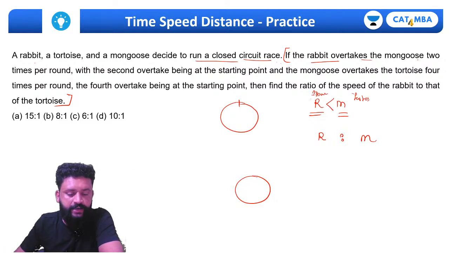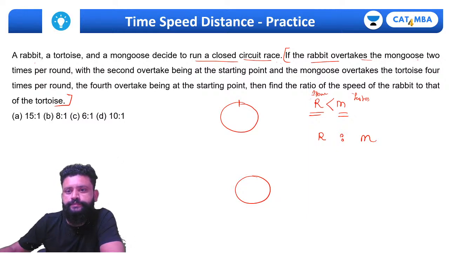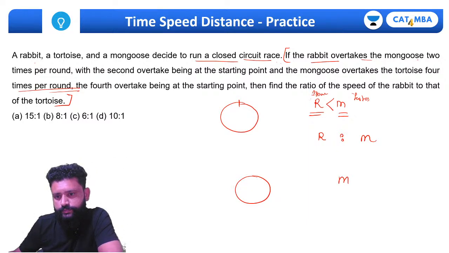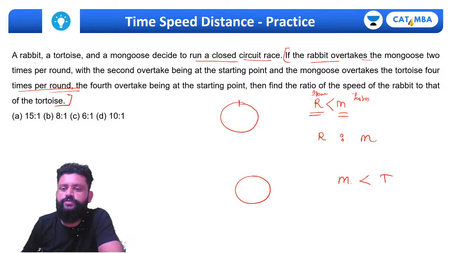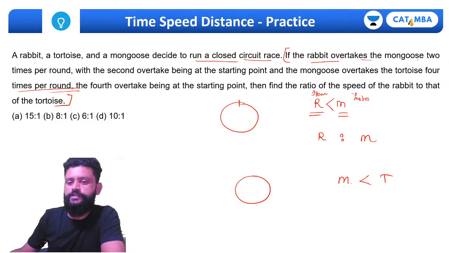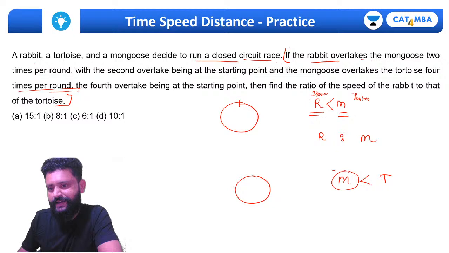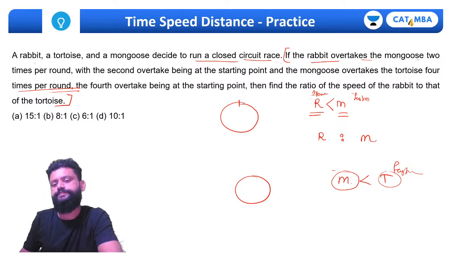Any answer, guys? Any one of you? Any answer? Mongoose overtakes tortoise 4 times per round. So mongoose must be slower than tortoise. It should be 4 times, because by the time the mongoose completes 1 round, the tortoise should meet it 4 times, so the tortoise must keep going around faster. So T must be faster.